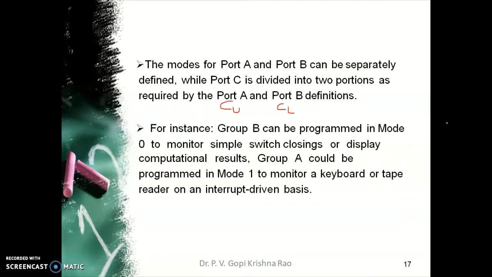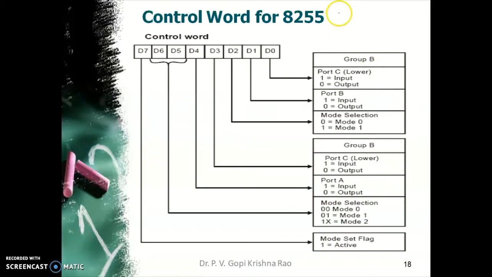To configure these modes, before we use these ports, we have to configure this register. This register in short is called CWR. This is the first and foremost operation that we have to do. Control word register is an 8-bit register with D7 bit being your MSB and D0 bit being your LSB.